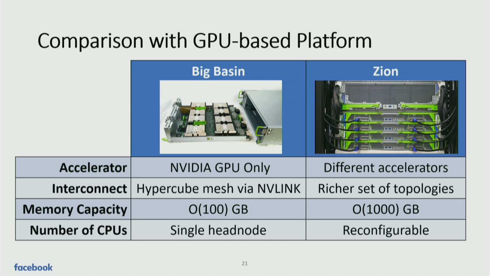By the same token, Zion can accommodate a richer set of topologies, whereas Big Basin accommodates a hypercube mesh topology. There is also significantly more bandwidth on Zion, on the order of terabytes, less so on Big Basin. And again, as we mentioned earlier, the Zion system is reconfigurable up to 8 CPUs, whereas Big Basin has a single head node CPU, which is dual socket.